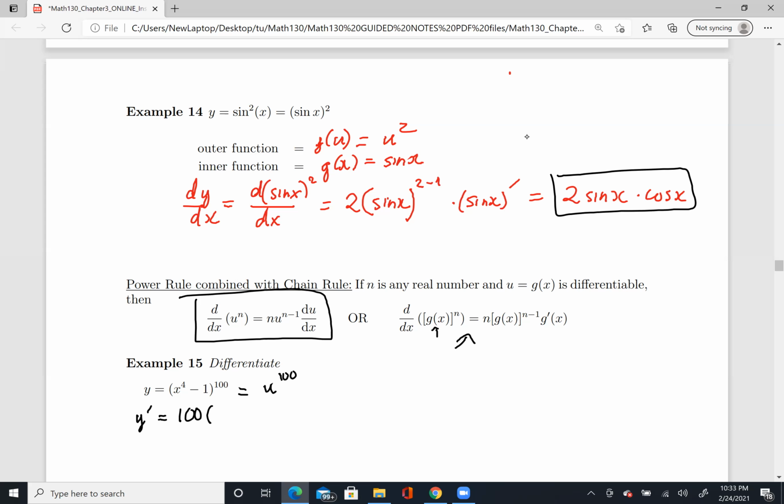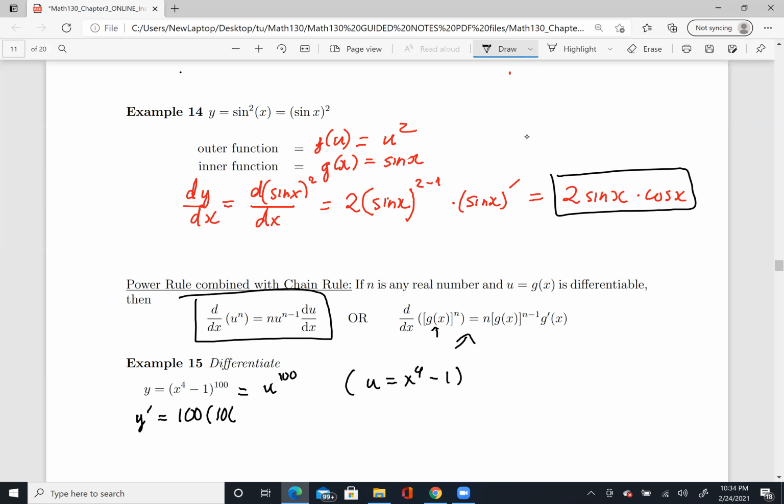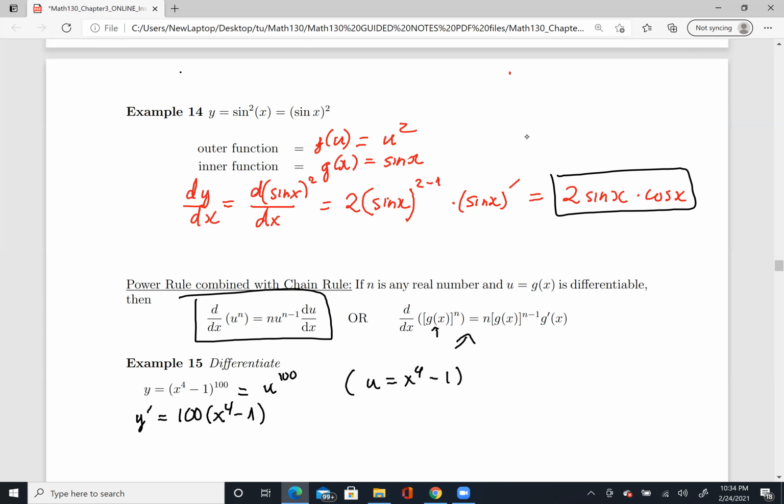What is u in here? Notice that u in here is x^4 minus 1, right? So I put 100, sorry, x^4 minus 1 to the power n minus 1, which is 100 minus 1. And you multiply by du over dx, which is the derivative of u with respect to x. So it means I take the derivative of x^4 minus 1.